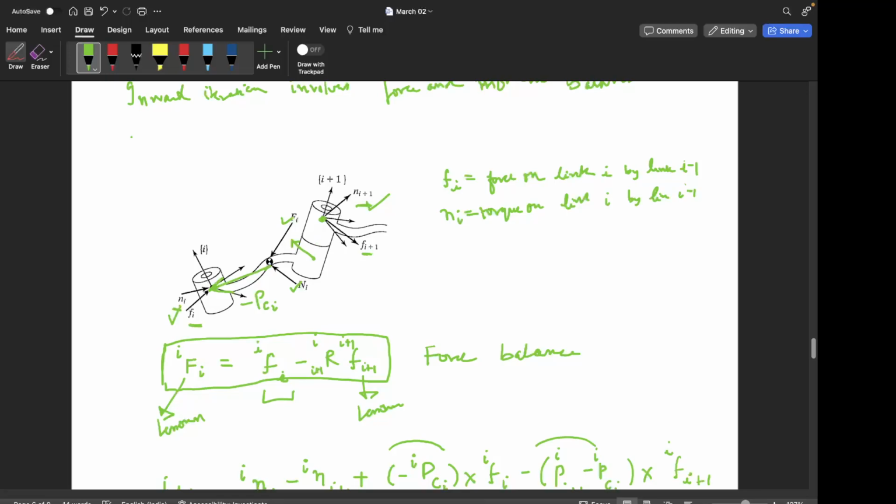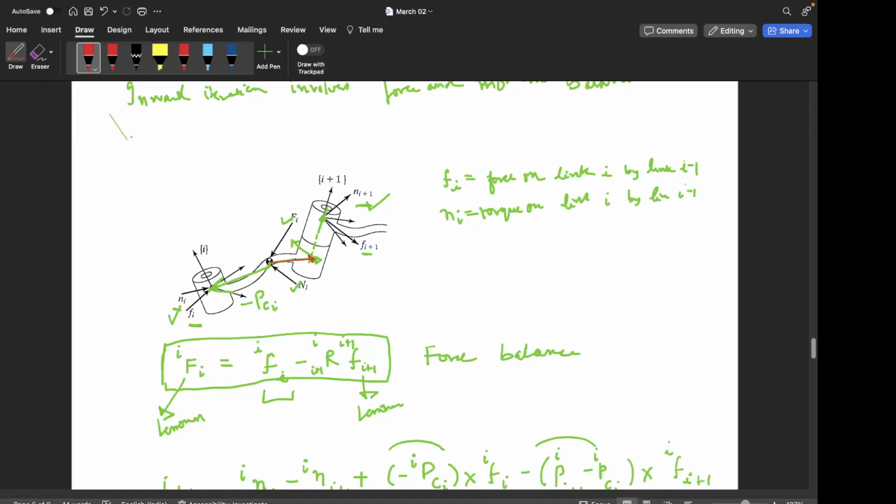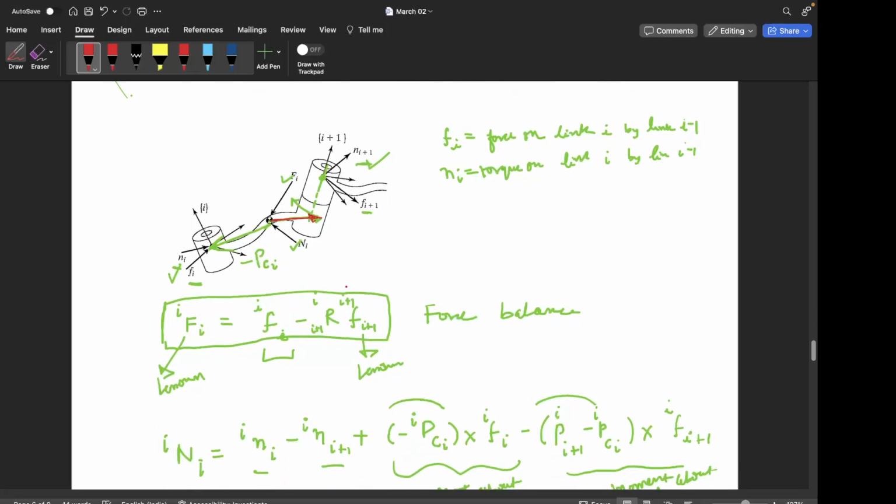And Fi plus 1 is acting here, so this distance, let me draw using another color.